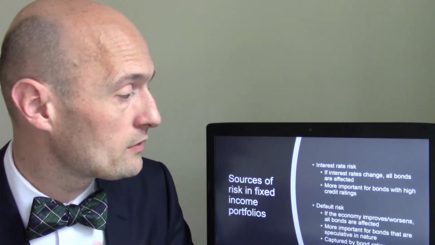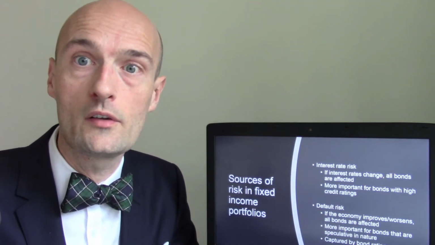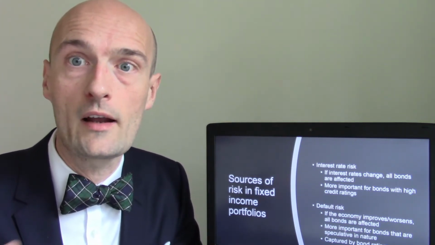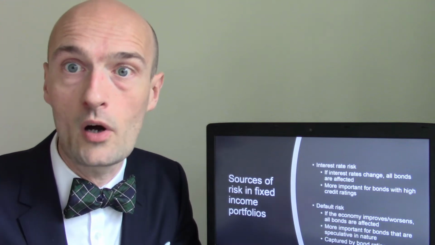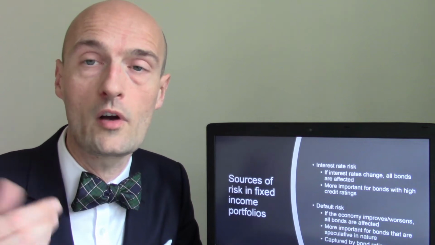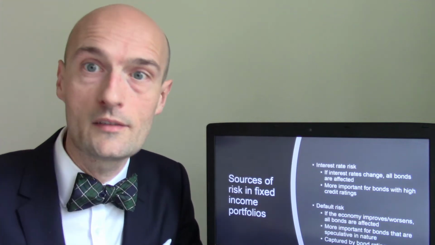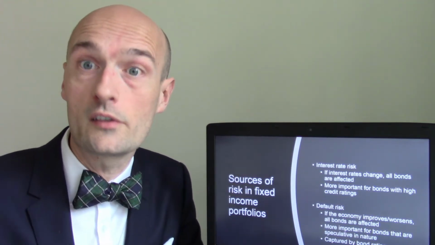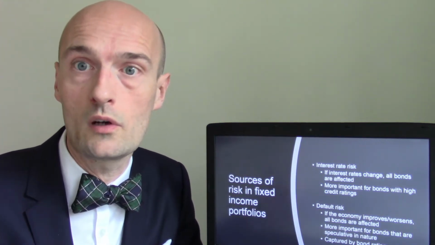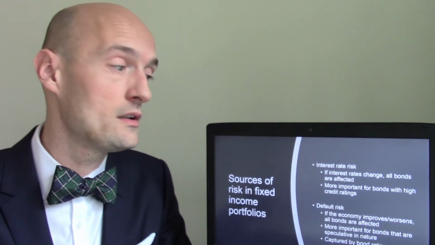More important for bonds that are speculative in nature, right? So obviously a gentle slowing of the market or of the economy shouldn't hugely affect a AAA rated bond nearly as much as a bond that's right on the border of, we'll say, moving from investment grade to speculative grade, because obviously if it gets downgraded to speculative grade, there's a certain amount of selling pressure, because the type of investor that's not allowed to own those bonds will just have to dump them the minute they get downgraded.